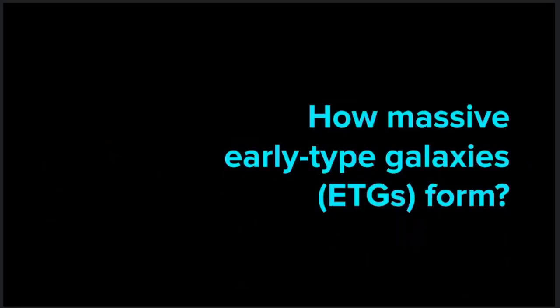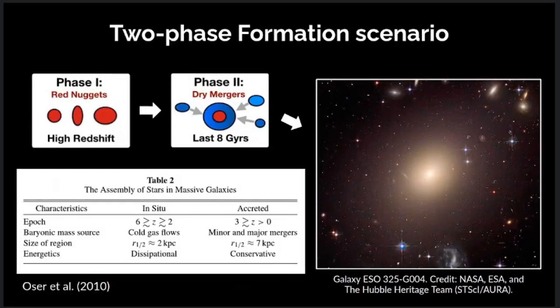So that's the main question in the background of our work: how massive early type galaxies form. And there is a very well-established, popular scenario in this literature, which is called the two-phase formation scenario. Basically, in the first phase, a very compact and massive core is formed at high redshift through an energetic regime that is dissipational.